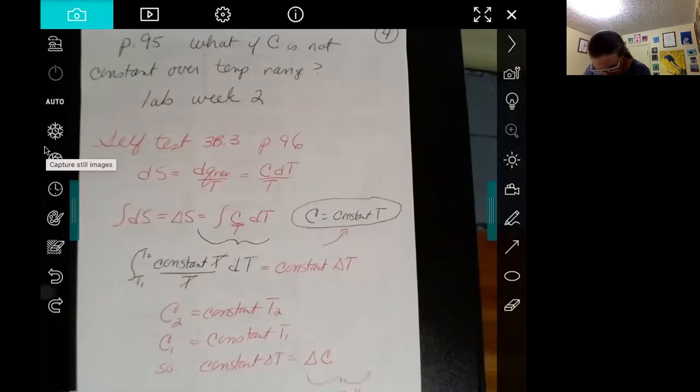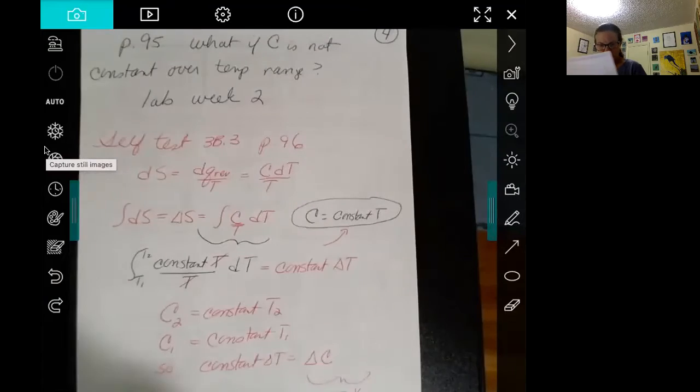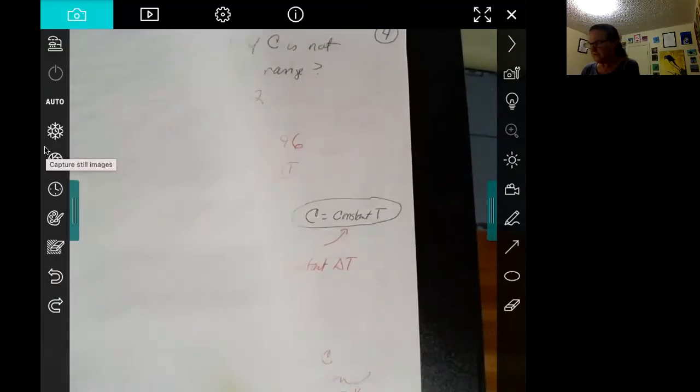So let's look at the next self-test. For metals, it says, let's see. Well, here's a fairly good picture.